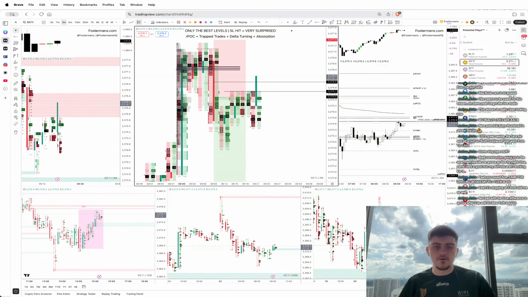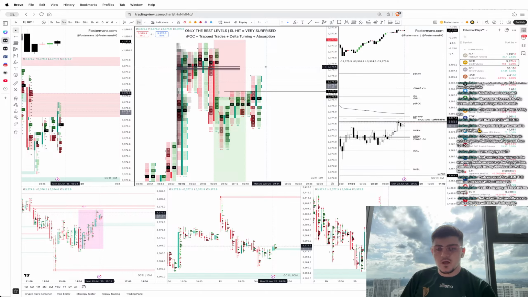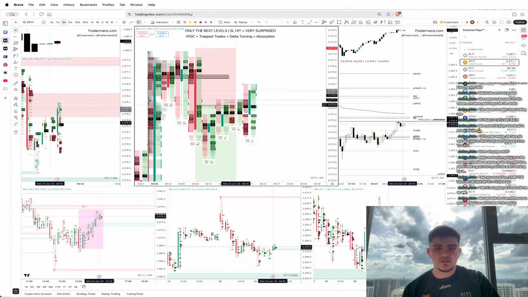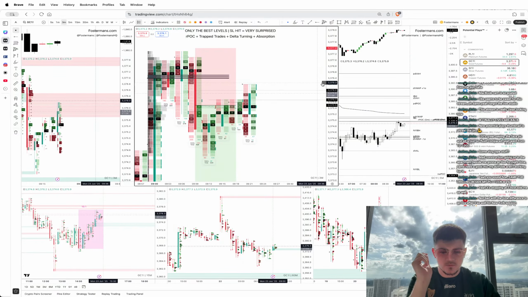We're kind of waiting until we hit this POC, and this is where we're looking for something to happen. I always like to have a tick or two of wiggle room, so that makes sense.